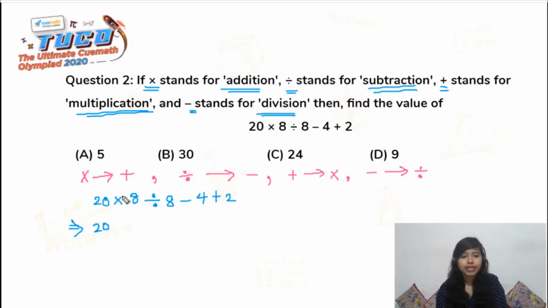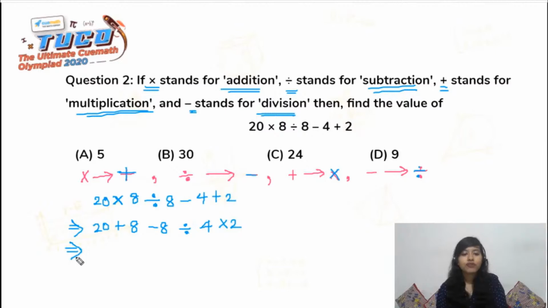So in place of multiplication, I know that it has to be an addition. So 20 plus 8, in place of division, I need to have a subtraction. And in place of subtraction, I need to have a division. And in place of addition, finally, we need to have a multiplication.